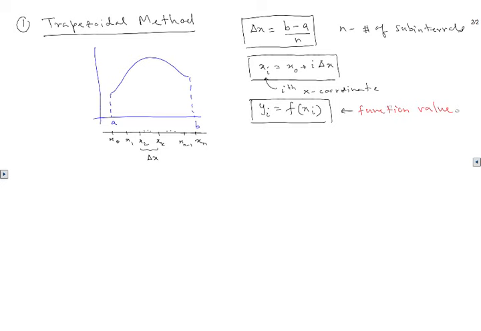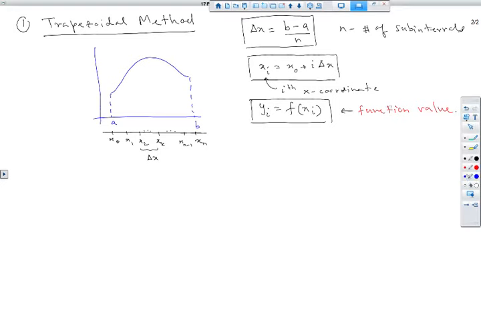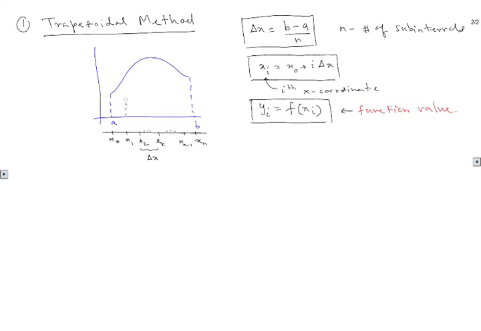Now we're going to look at the trapezoid. I'm going to draw the trapezoid here: the trapezoid at x2, and the trapezoid at xk, and then we have other values.